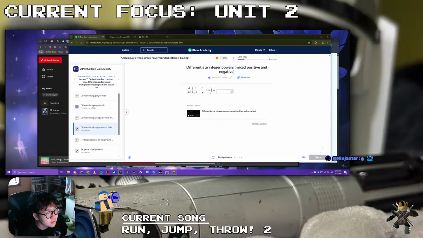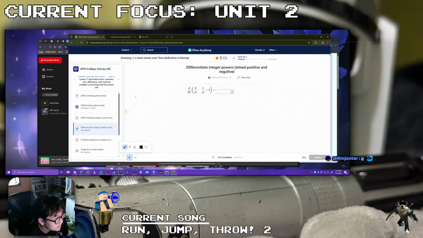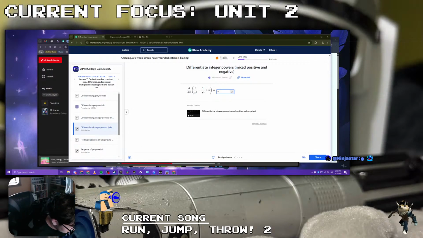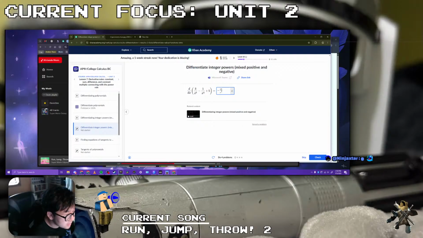Okay. Mixed and positive. So usually this would be tough, but not for me because I'm awesome sauce. Negative 18 over x to the 7th plus 4 over x to the 5th. Oh, okay, so negative 18 over x to the 7th. Can you put the negative there, please? Thank you. Now this is going to be plus 4 over x to the 5th.